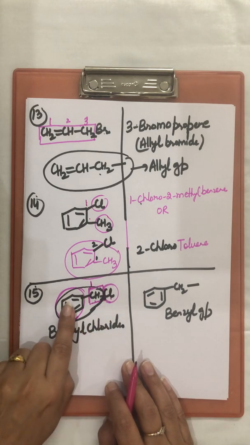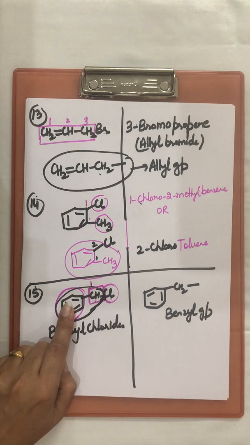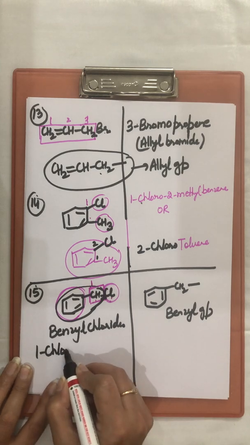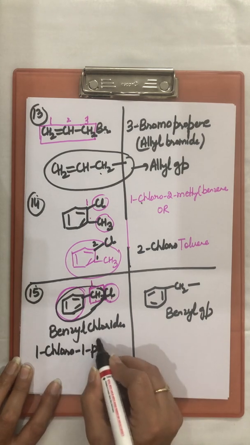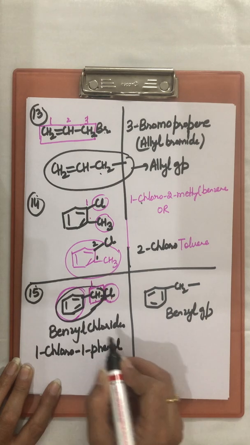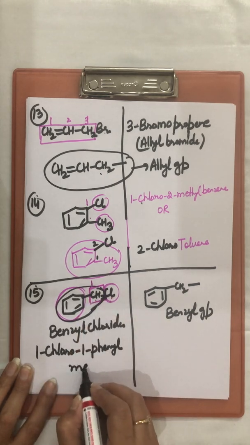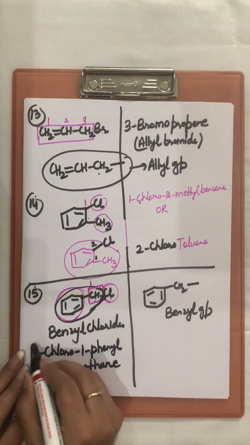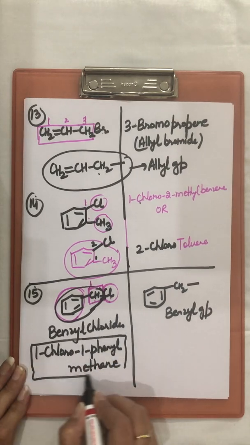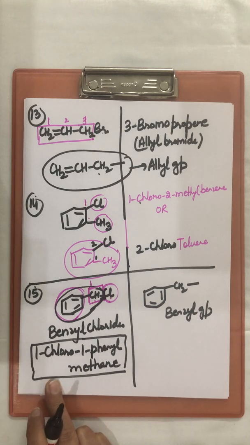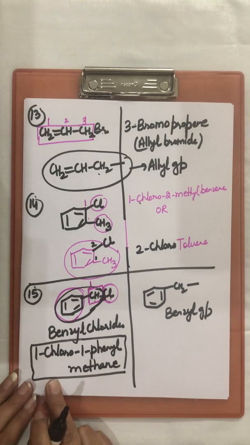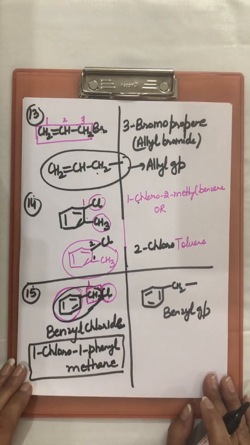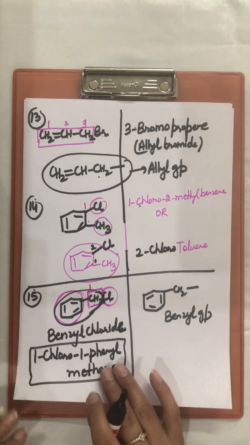Write the names of these substituents in alphabetical order. So first will be chloro, 1-chloro, and then phenyl, 1-phenyl. And since only one carbon atom is here, this is methane. So we can also write the IUPAC name of this compound as 1-chloro-1-phenylmethane. But most commonly used is benzyl chloride, which is used both in common as well as in IUPAC nomenclature.